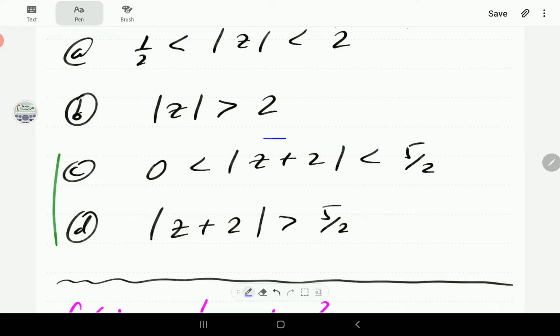We've already mentioned that this tells us straight away that the series is going to be centered at -2. Say if you set this thing equal to 0 and solve, then that tells you where it is going to be centered.